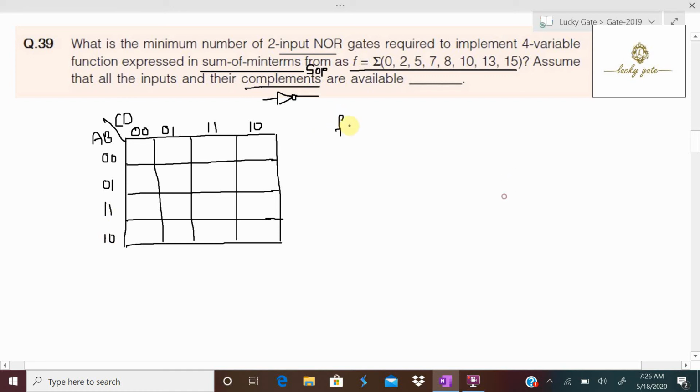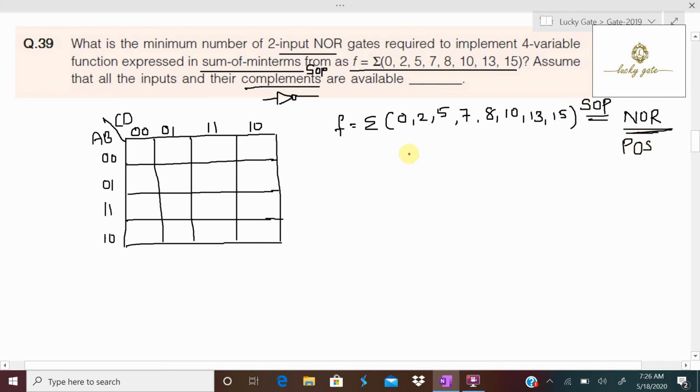What is given: f equals sigma 0, 2, 5, 7, 8, 10, 13 and 15. To implement using NOR gates, what we require is POS, but SOP is given. POS means we have to find pi.